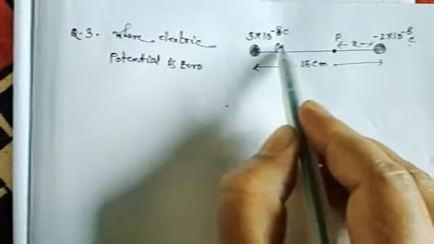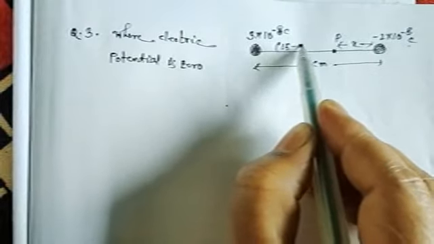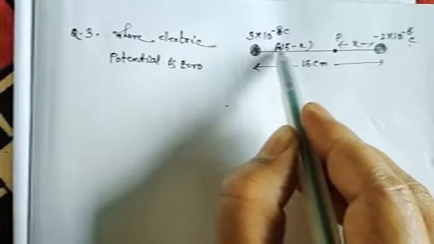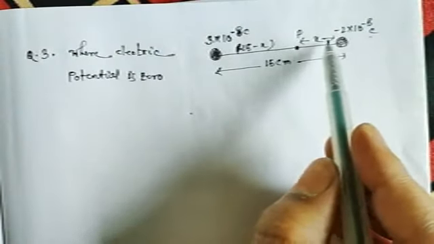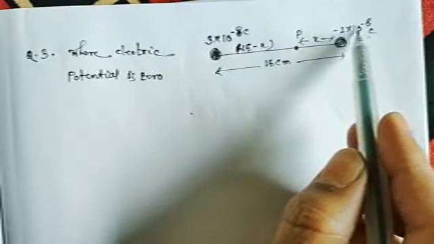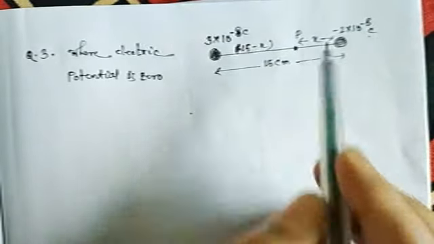Therefore this distance must be 15 minus x. Now this 15 is in centimeter, meaning 0.15 minus x. So we assume that at a distance of x from the minus 2 into 10 to the power minus 8 coulomb charge, the electric potential is 0.